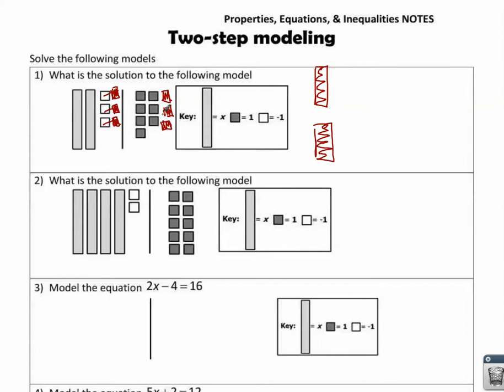So I have 10 boxes, 2 x's, so that means I'm going to have 5 with each x. So x for your solution is going to equal 5 because each x has 5 boxes.